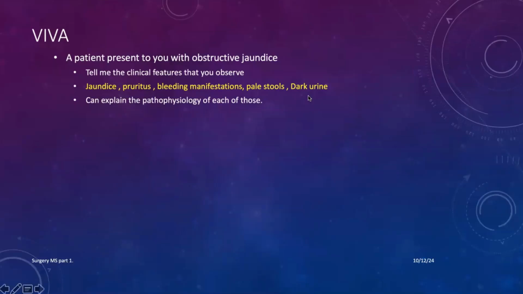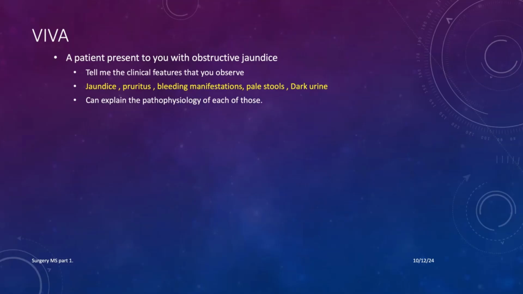And how about pale stools and dark urine? Can you work out that as well? Increased blood bilirubin level leads to filtration through the kidney that leads to dark urine, and the reduced secretion into the intestine leads to pale stool. Right.